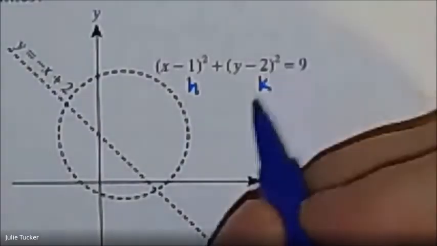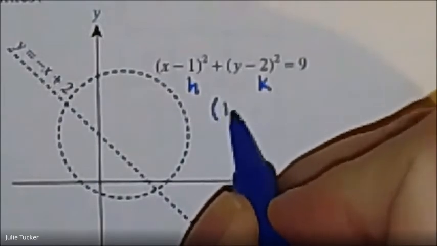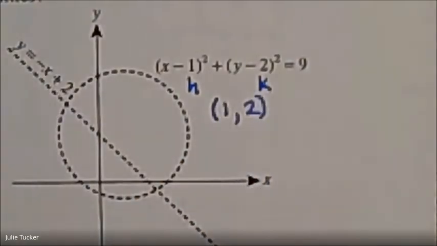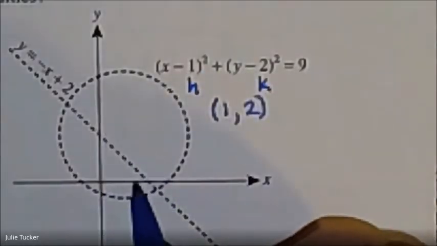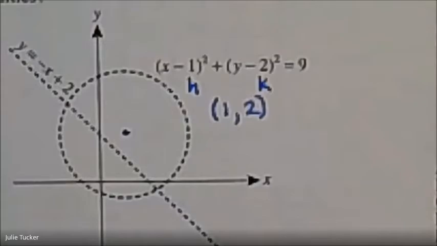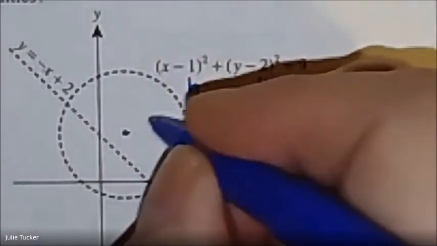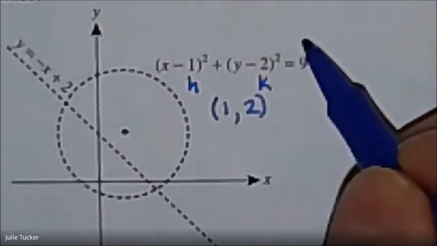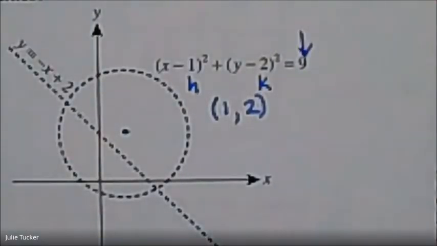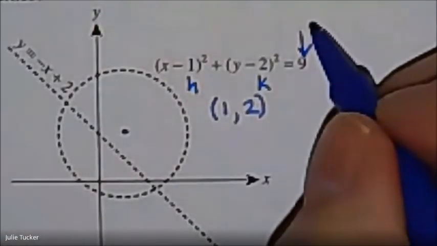So this circle is centered at 1, 2, because you have to change the signs on the thing in the parentheses. So this point right here in the center of this circle is at 1, 2. And then this part right here, that's the radius squared.